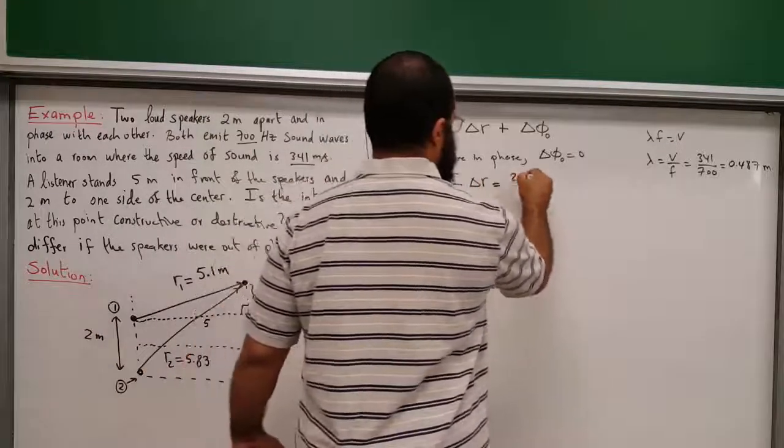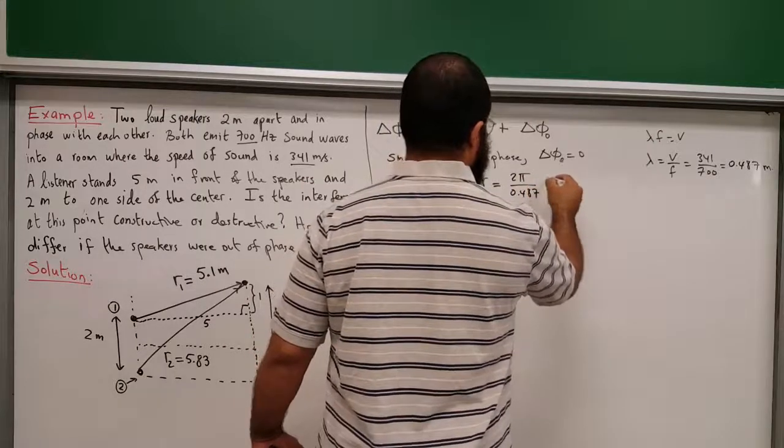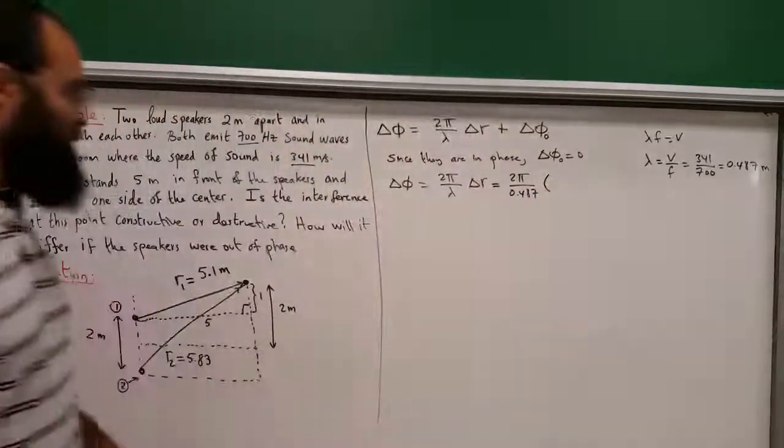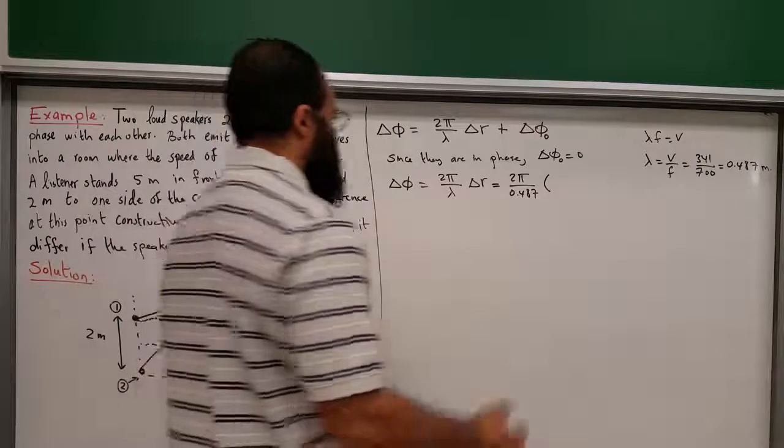And so let's plug it in. We get 2 pi divided by 0.487 times delta r. Delta r is the difference between the distances traveled, so 5.83 minus 5.1.